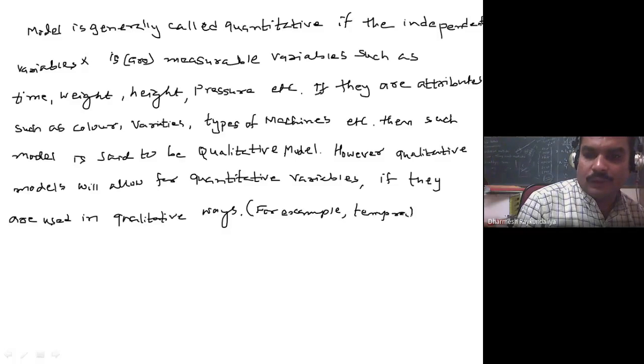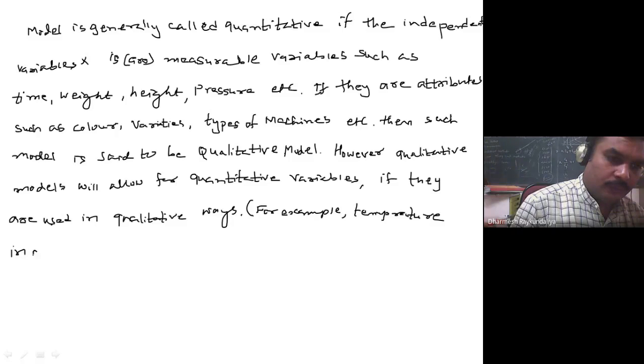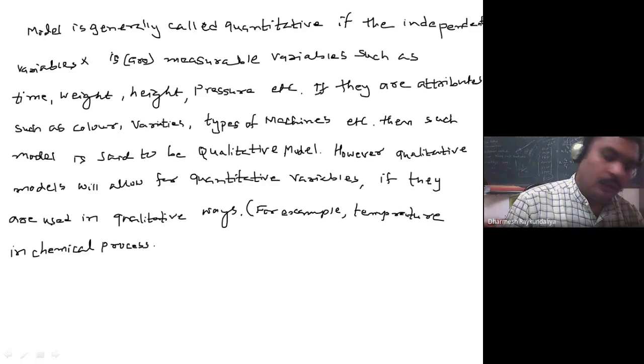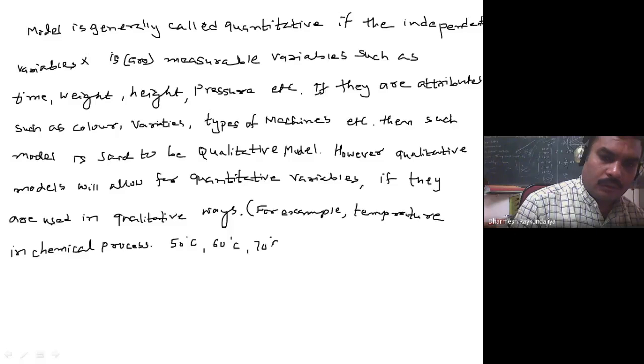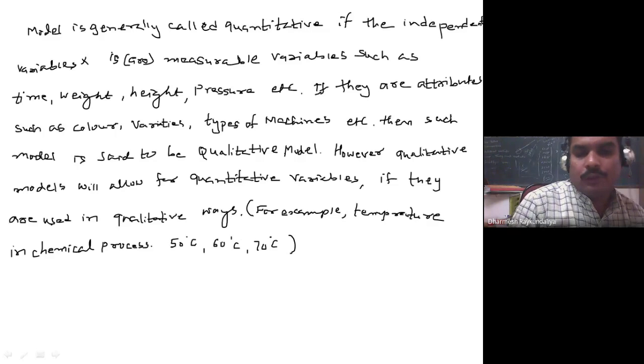The temperature is a continuous variable. If you are taking the temperature as 50 degrees Celsius, 60 degrees Celsius, 70 degrees Celsius, though the temperature is a continuous variable, here you have taken three groups.